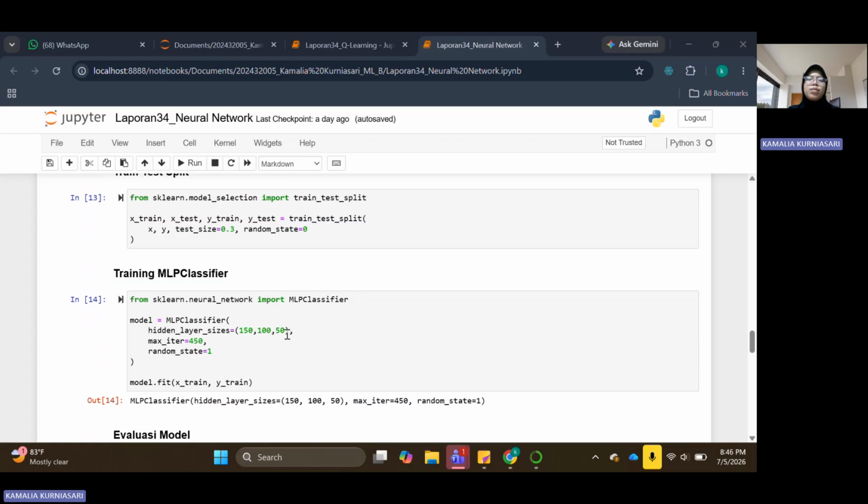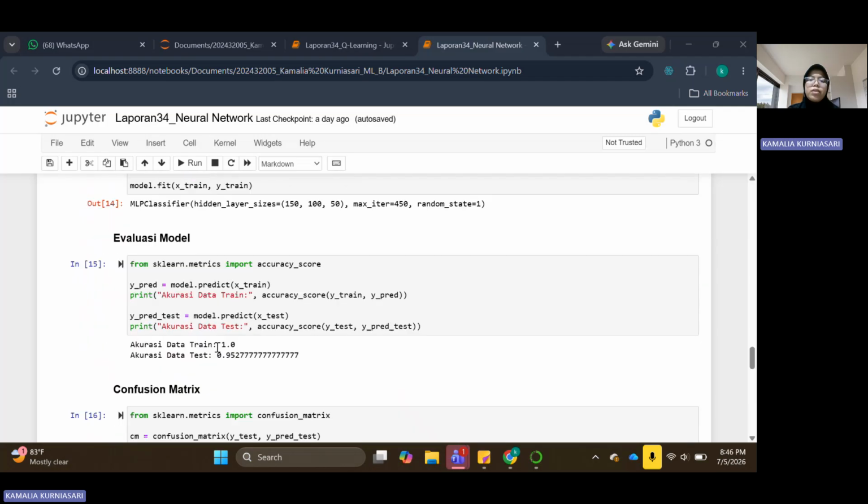I set the maximum iteration to 450, so the model had enough epochs to learn the patterns from the dataset. During training, the neural network adjusts weights and biases through backpropagation to minimize prediction error.